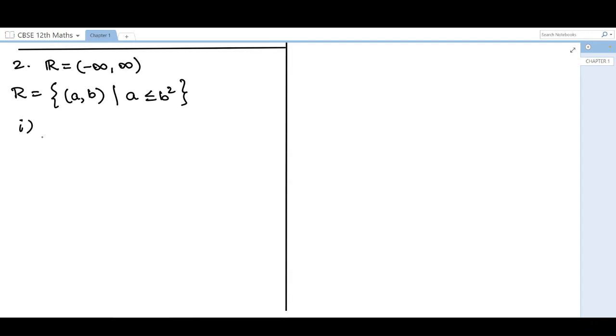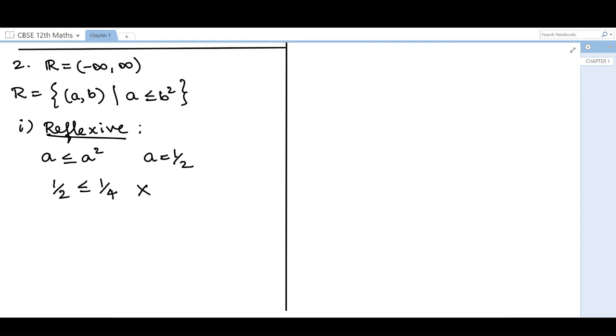First property, reflexive. If we take an element A from the set of real numbers, we have to prove that A is less than or equal to A square. This result in general is not true because when you take an element, say A equal to 1/2, then 1/2 less than or equal to its square, that is 1/4, is not true.